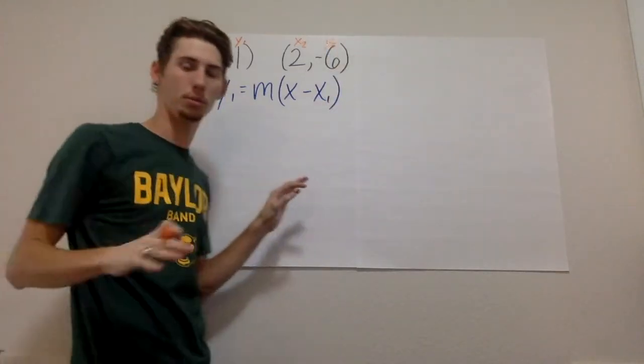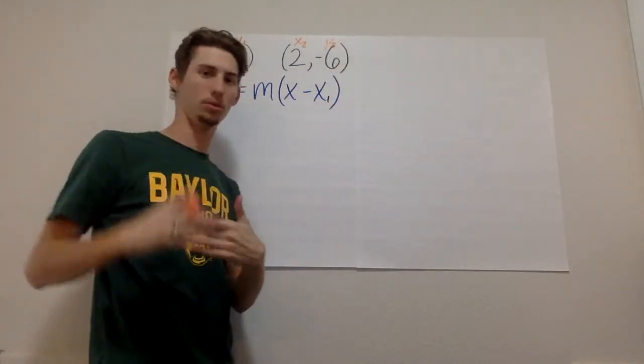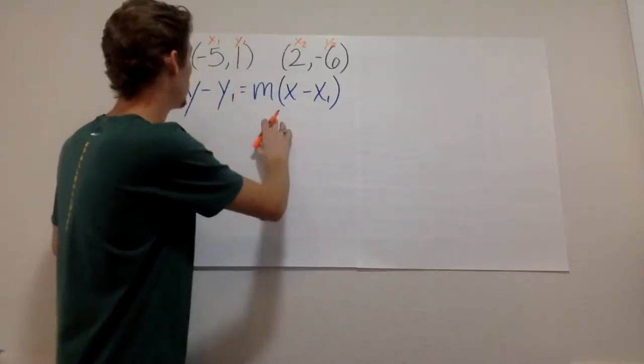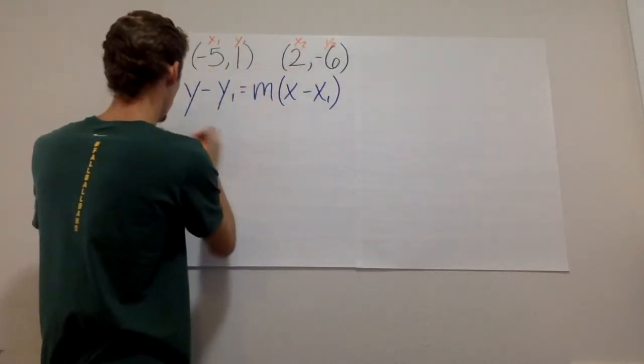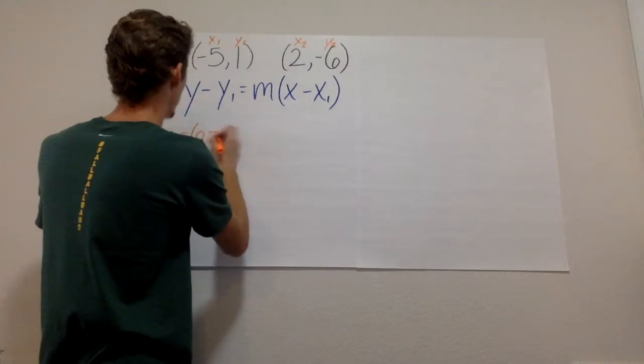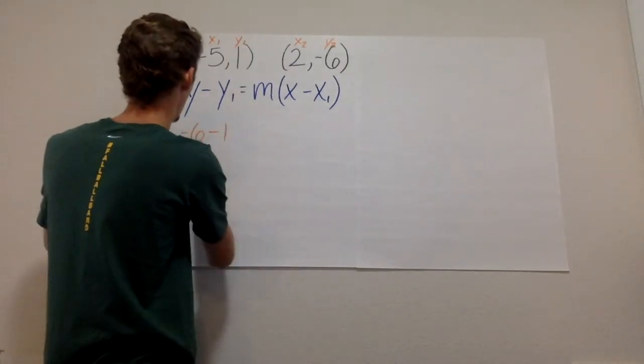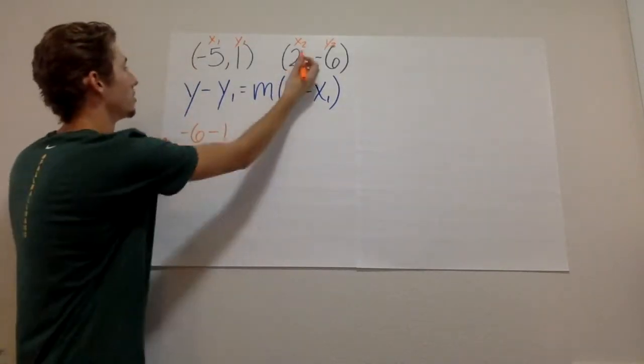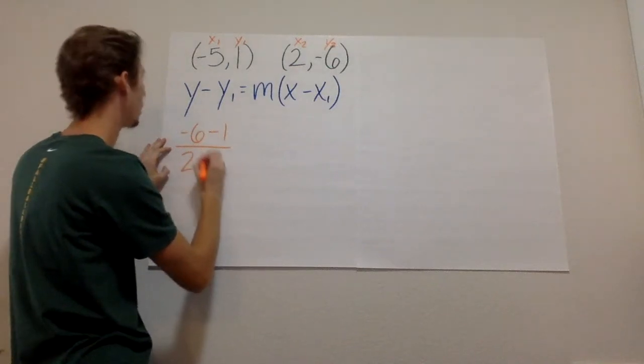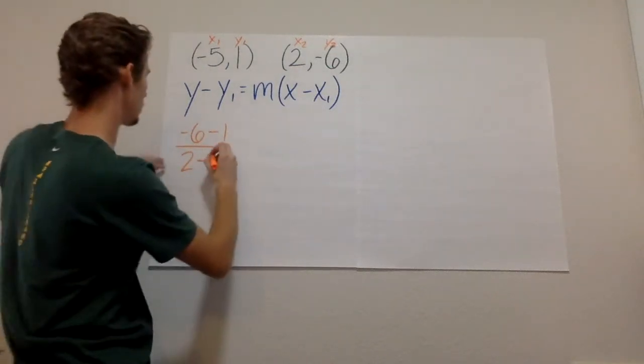Now I'm going to use that formula from the formula sheet, the yellow sheet that you can use on your algebra EOC. We've got y2, which is negative 6, minus y1, which is 1, over x2, which is 2, minus x1, which is negative 5.